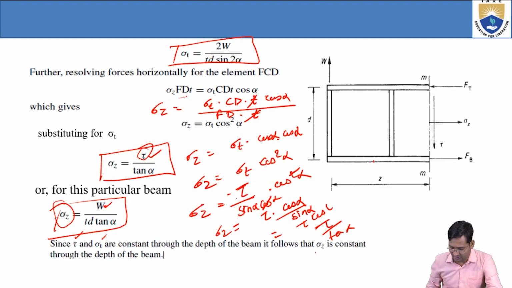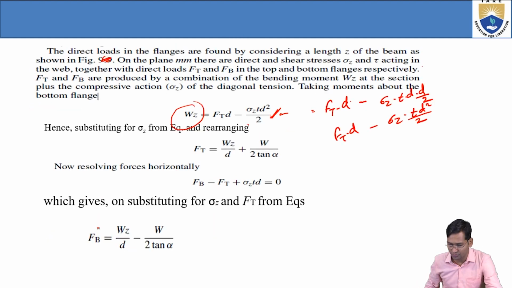Now what we got is sigma z equals W by t d tan alpha. Substituting this, Ft equals Wz by d plus W by 2 tan alpha. Let me see it here first. We are finding Ft.